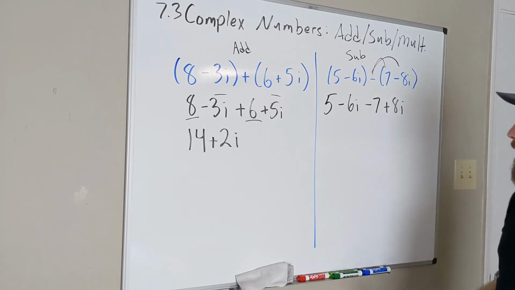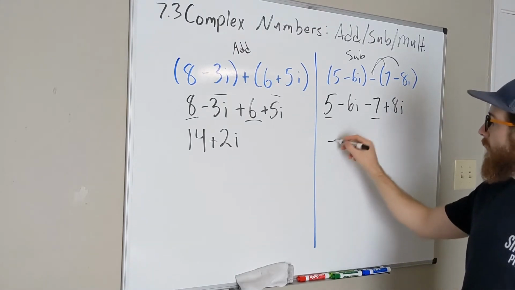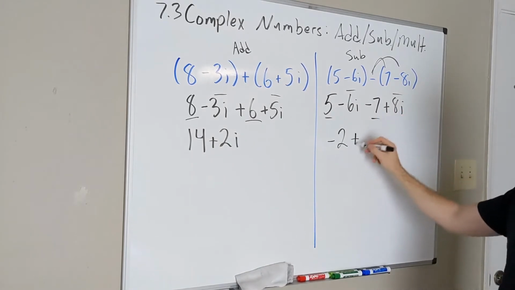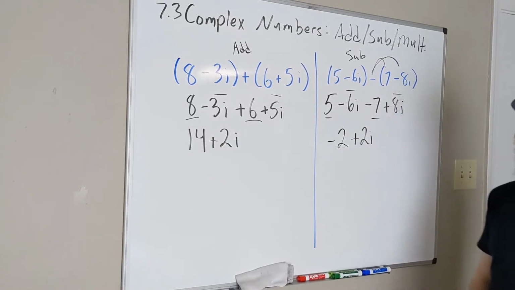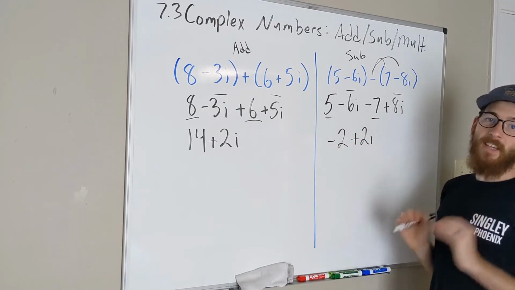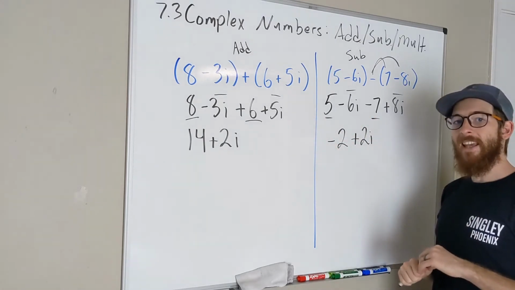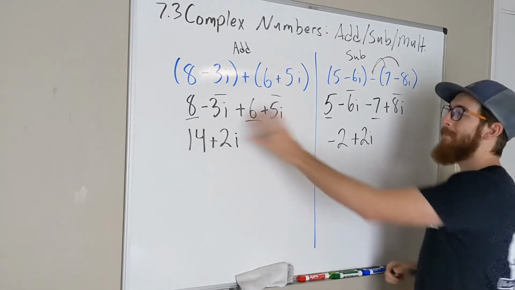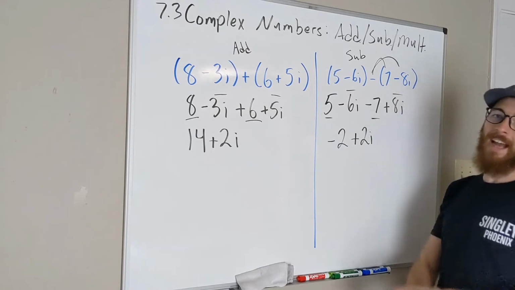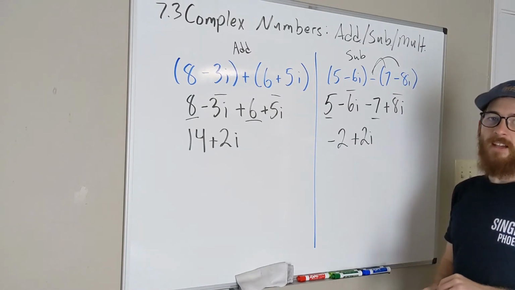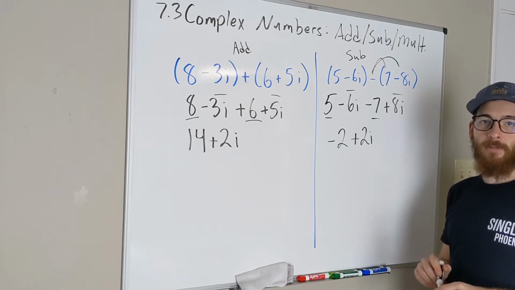Now I just combine like terms. 5 minus 7, negative 2, negative 6 and positive 8, positive 2. Once again, this is exactly the same as if we were adding the polynomials, where we just combine like terms. So adding and subtracting complex numbers is as simple as combining like terms.